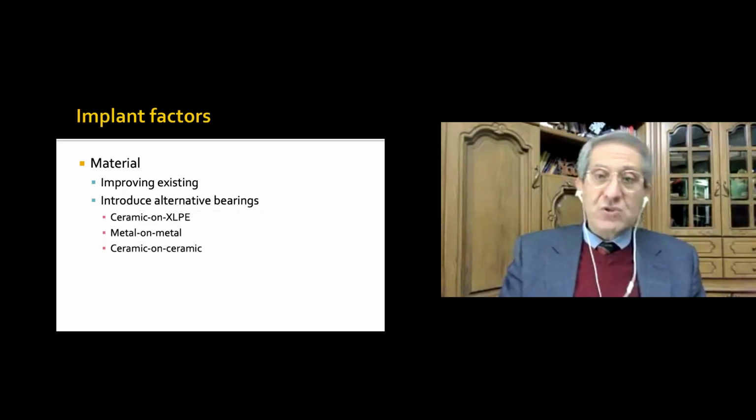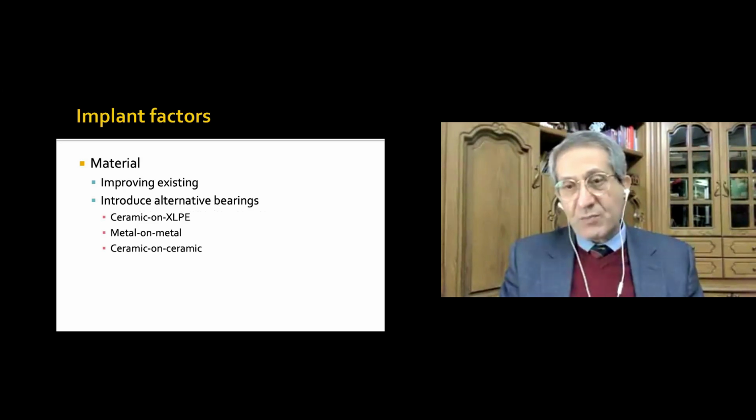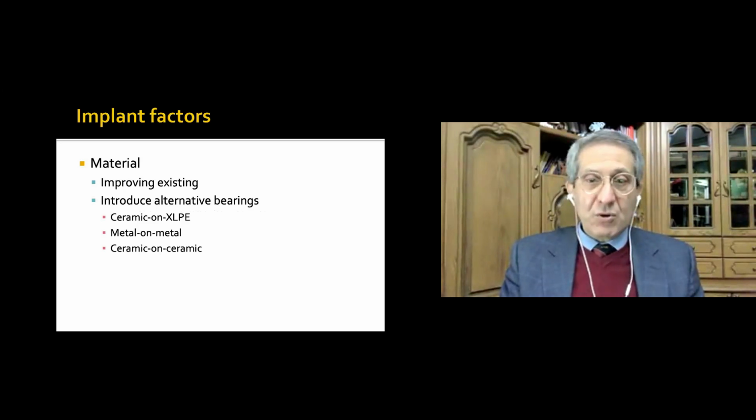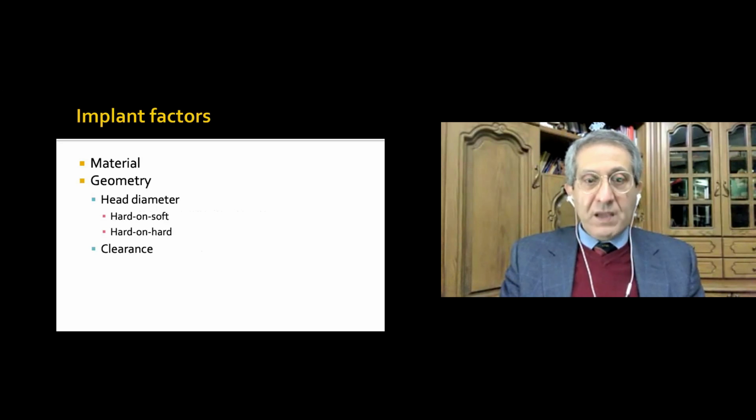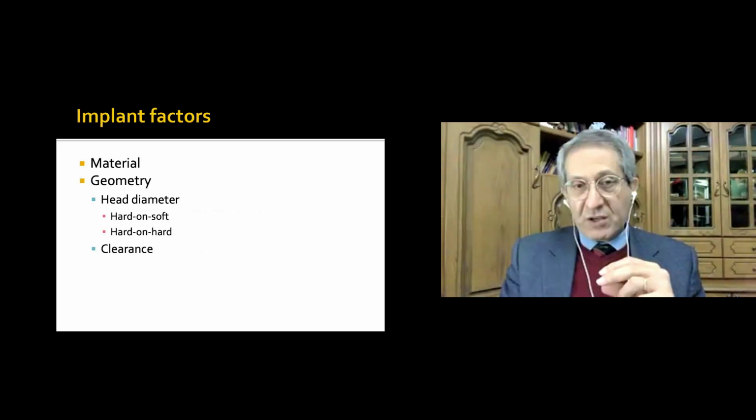Another approach is to introduce alternative bearings, such as ceramic on highly cross-linked polyethylene, metal on metal, or ceramic on ceramic. Tailoring the implant geometry to the type of articulation and its lubrication, and improving the radial clearance will result in reduction of wear.